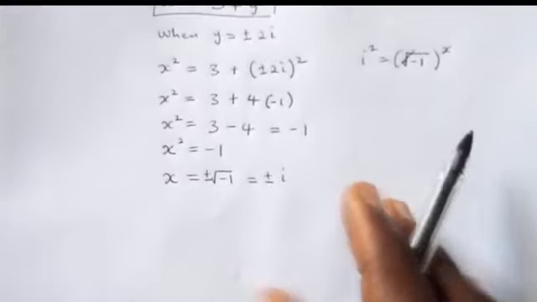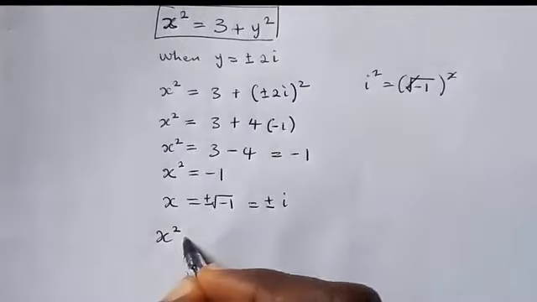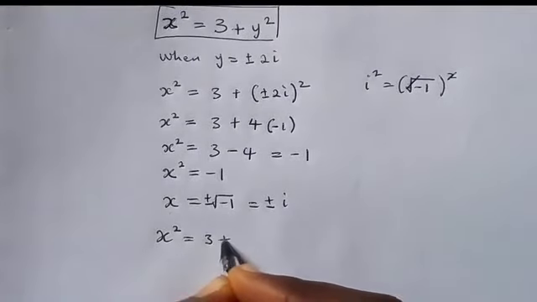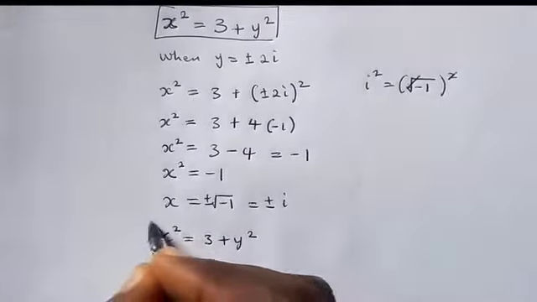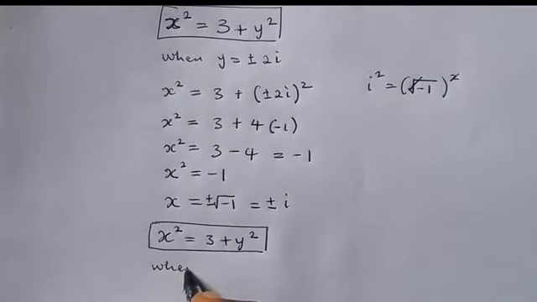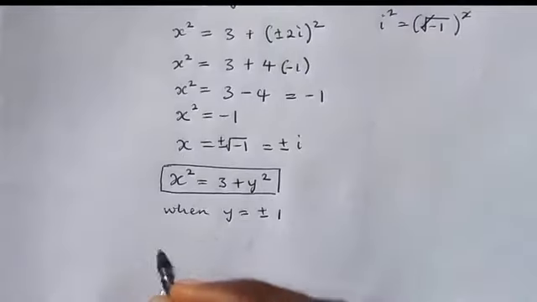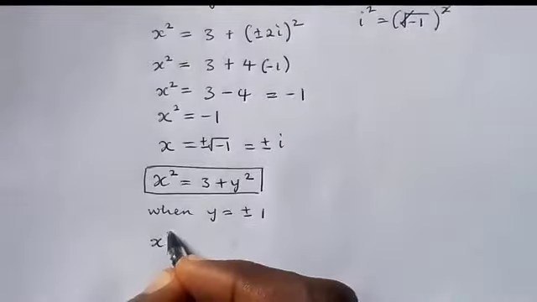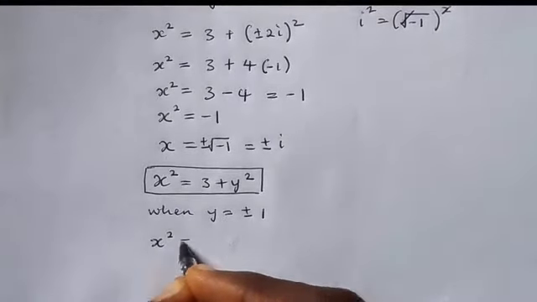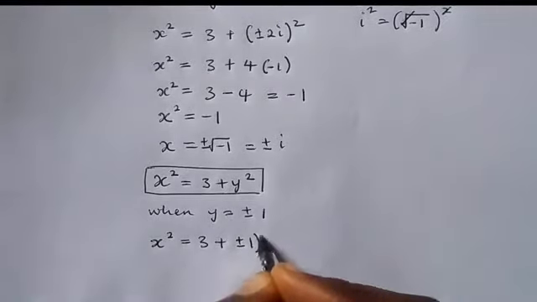So that will be x raised to power 2 equals 3 plus y raised to power 2. From here, when y equals plus or minus 1, x raised to power 2 will now be equal to 3 plus or minus 1, all raised to power 2.